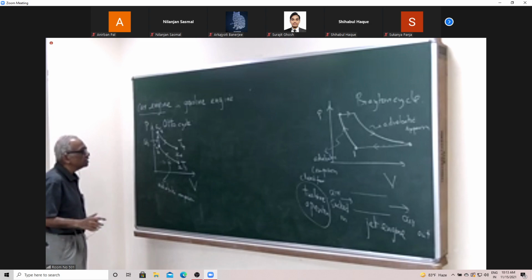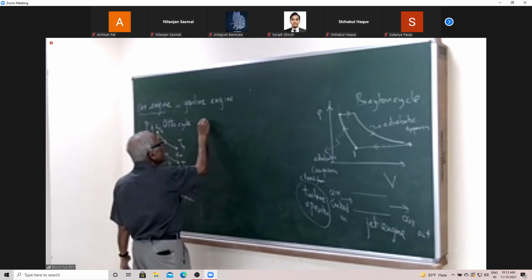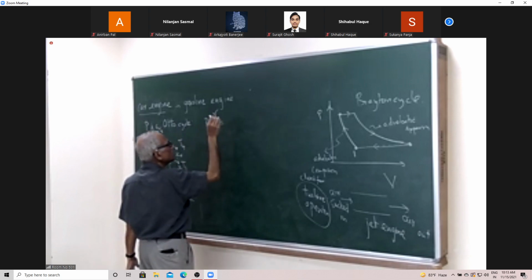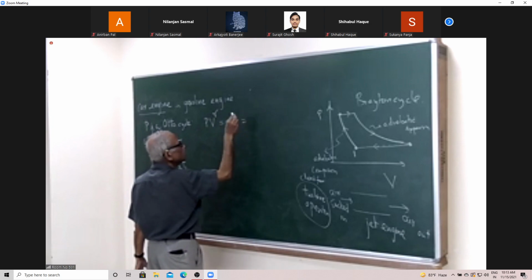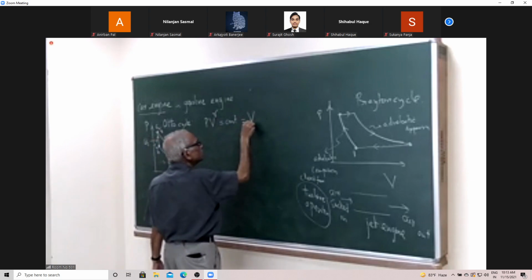So connecting adiabats, as we said at the beginning, have this property that PV to the power gamma is a constant, and similarly, not the same constant, but a constant is T V to the power gamma minus 1.